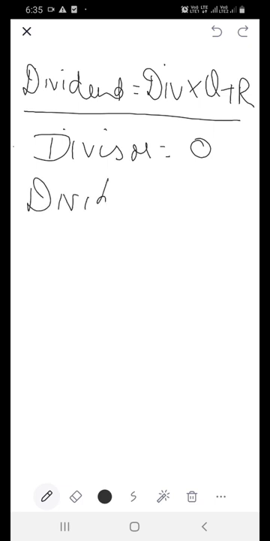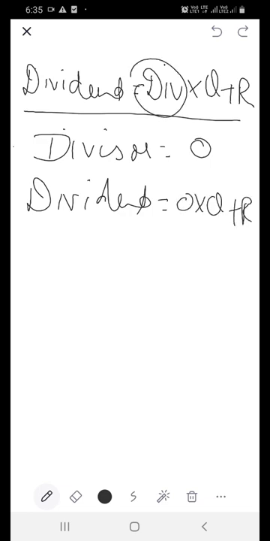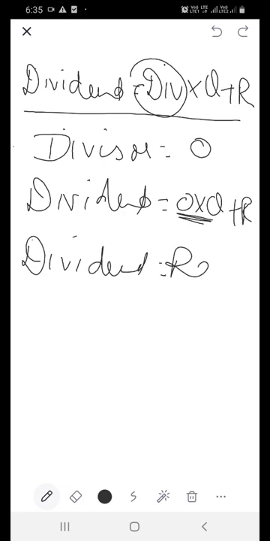Dividend will be equal to 0 into quotient plus remainder, and 0 into quotient becomes 0. So dividend is equal to remainder. And dividend is the algebraic expression which is to be divided.